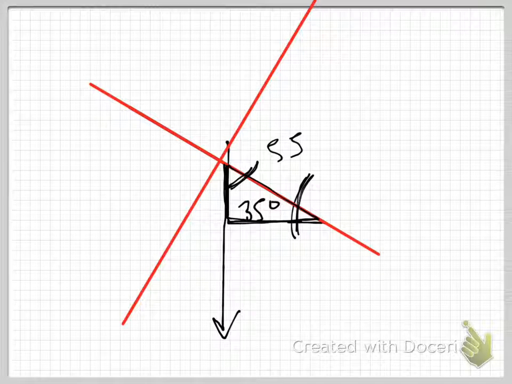This is 55. So what angle is left over here because this forms a 90. 90 minus 55 is 35. So we're right back to this is another 35-degree angle.